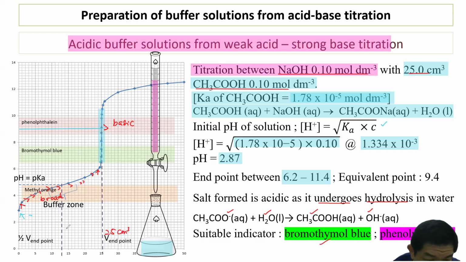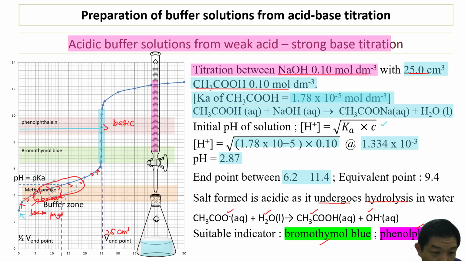So this is the buffer zone. The buffer zone is the zone where the pH does not change much when a little acid or base is added to the solution. Inside here, you label it.